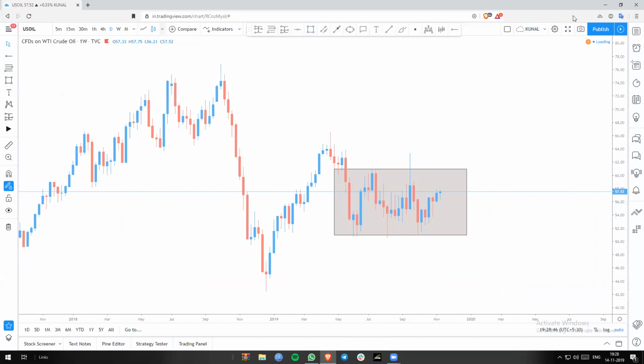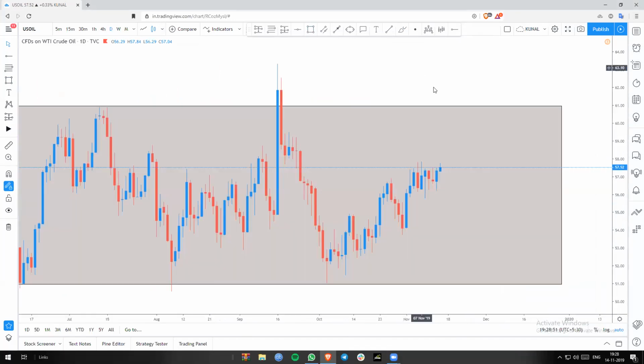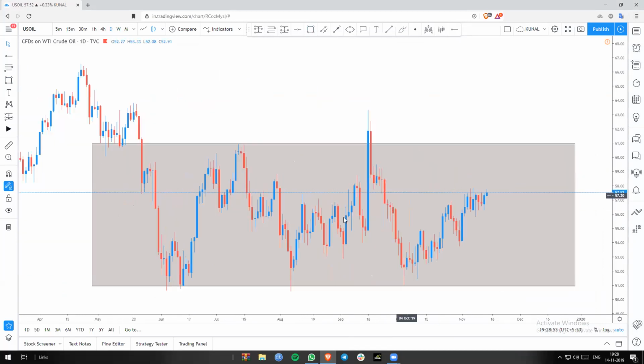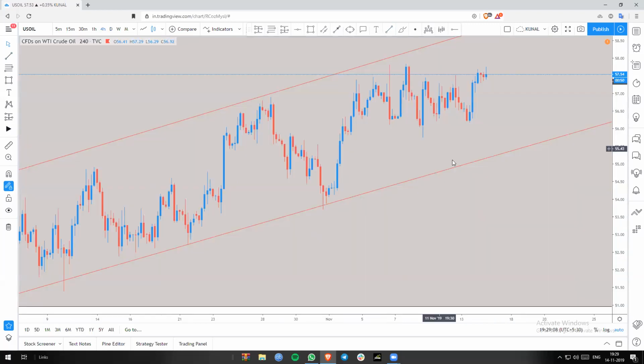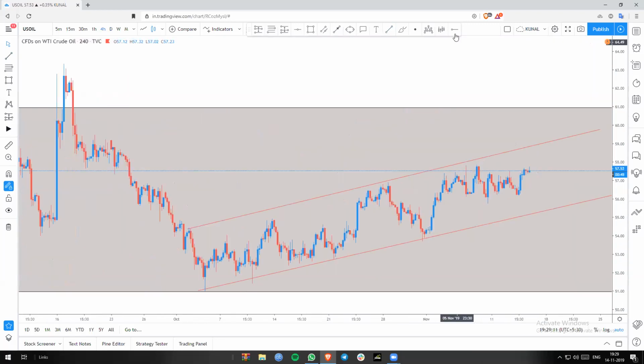Coming on the daily time frame, there is a lot of consolidation happening over here. Also, what I can do is take into consideration this full channel sort of formation there. So coming on the H4, this is a current level of resistance over there. That's what I can see for now.